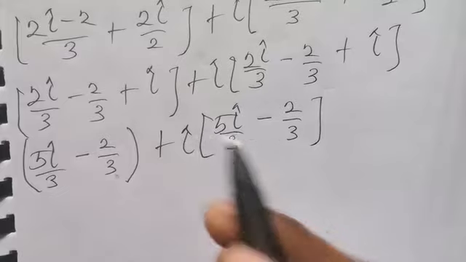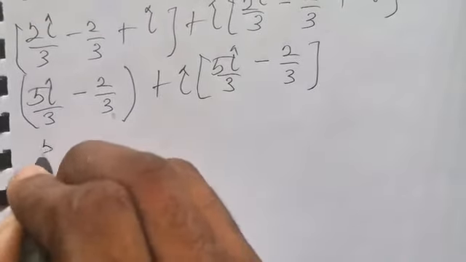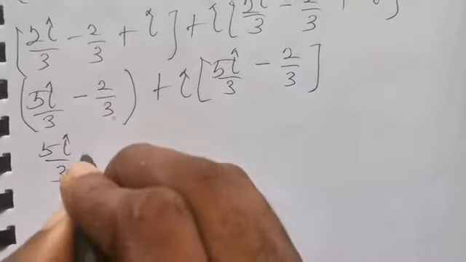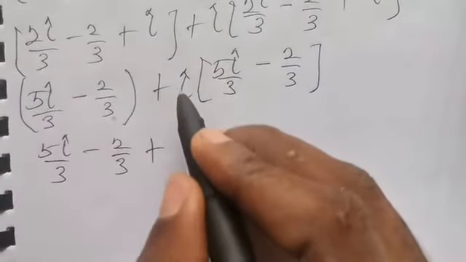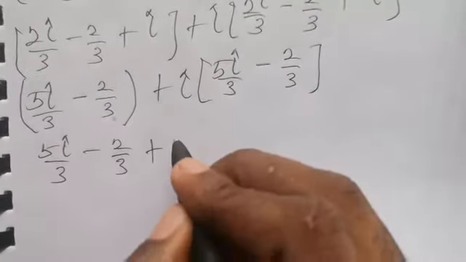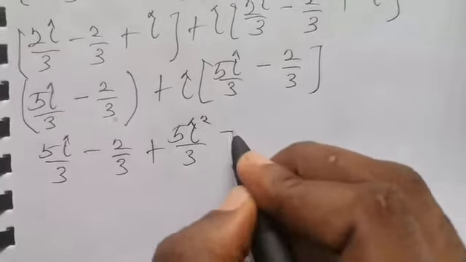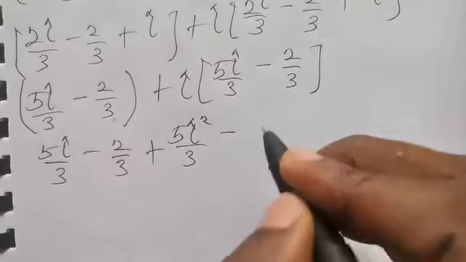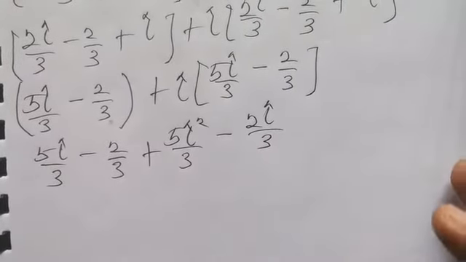So we can expand with this imaginary number here, i. This becomes 5i/3 minus 2/3 plus, now 5i/3 multiplies i; i times i is i squared, so we have 5i squared over 3 minus i times 2/3, which gives us 2i/3.